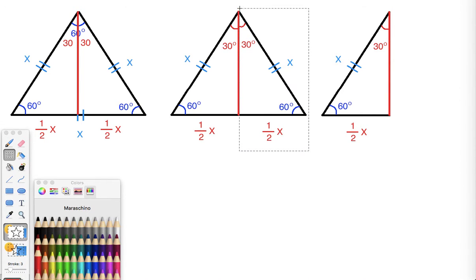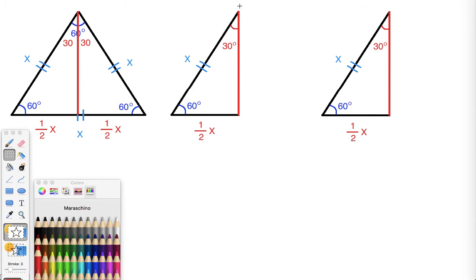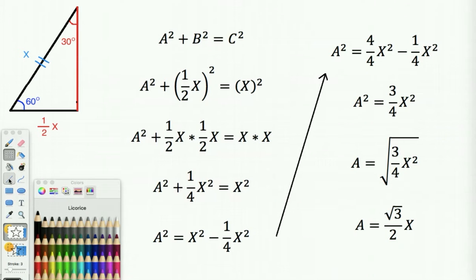So we're just going to take 1/2 of the triangle and erase it, and we'll just have that other half. So now we have our half of a triangle with one angle being 60, one angle 30, which means the other angle is our 90-degree angle.